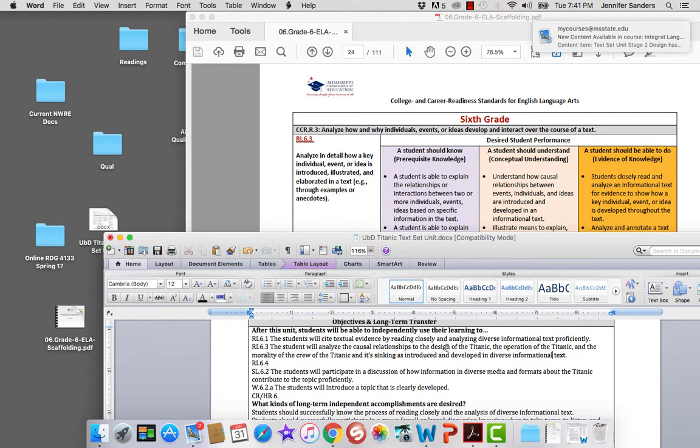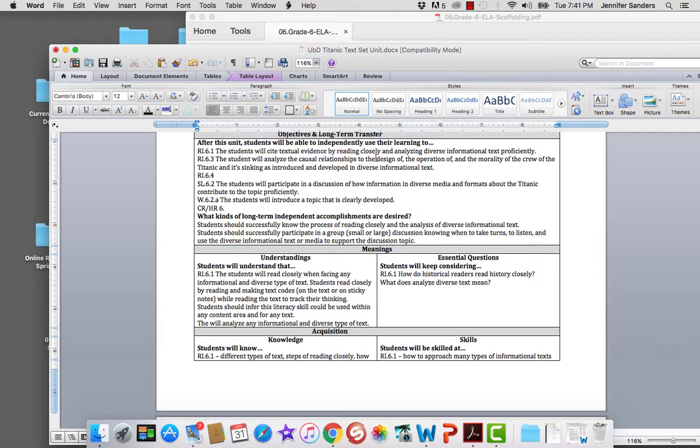Now, I want to take some of this out. The design of, operation of, and morality of the crew of the Titanic. Or I can say the Titanic's design, operations.